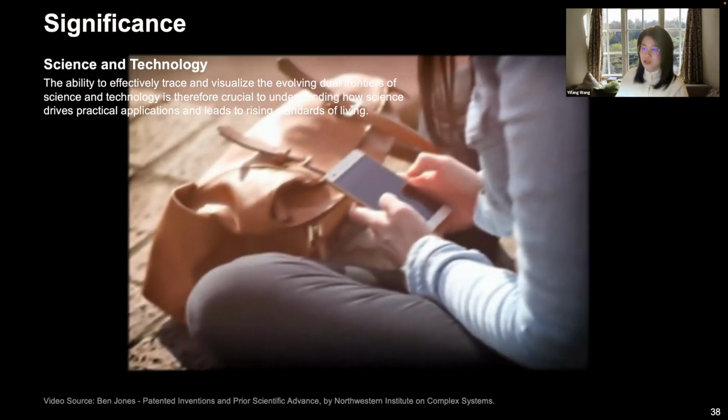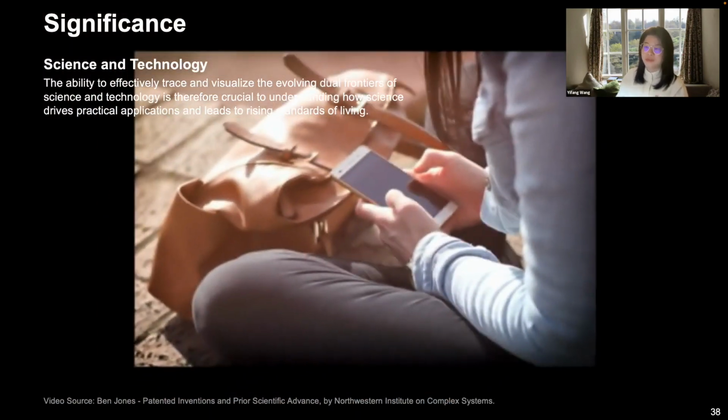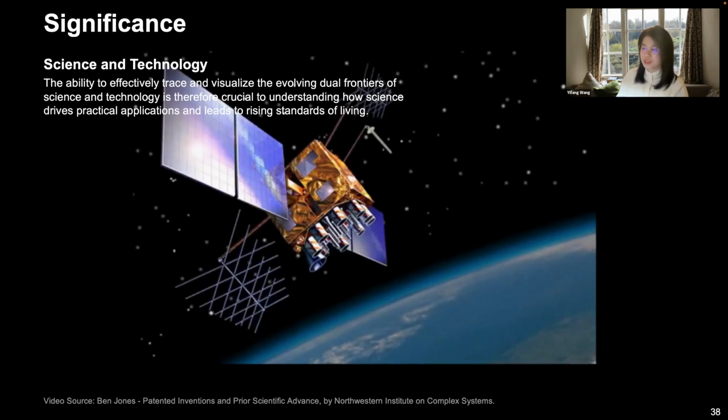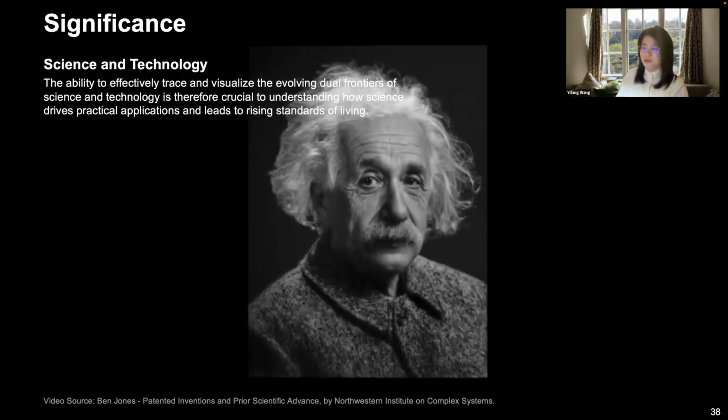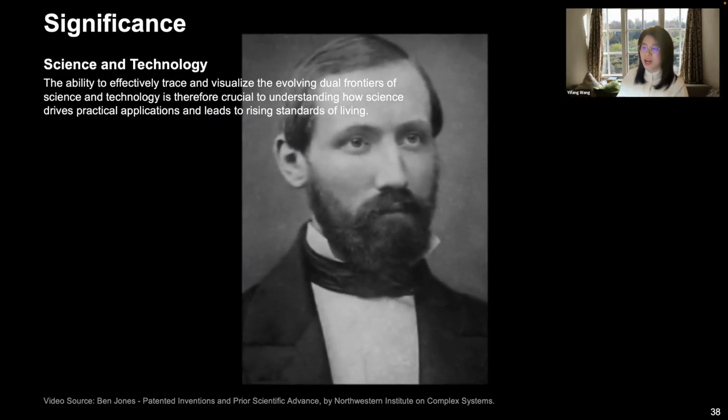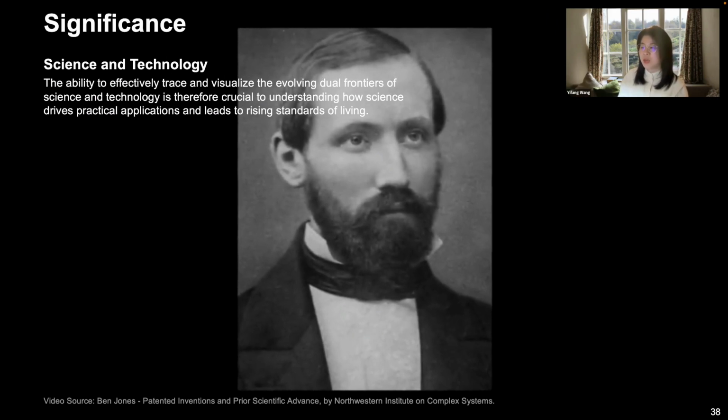The ability to effectively trace and visualize the evolving frontier of science and technology is therefore crucial to understanding how science drives practical applications and leads to rising standards of living.